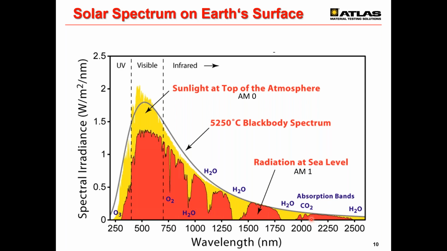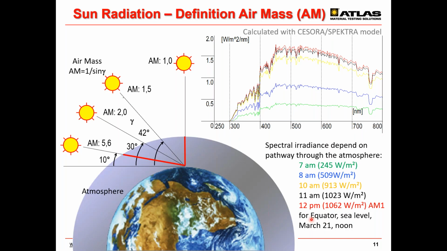However, that's just the spectral irradiance distribution at noon. The sun is only briefly at noon position, and only at the equator or between the tropics. In Germany, the sun is never perpendicular, so we'll never see the air mass 1 sun. Air mass 1.5 sun is actually much more realistic.